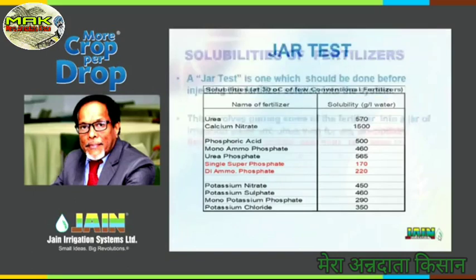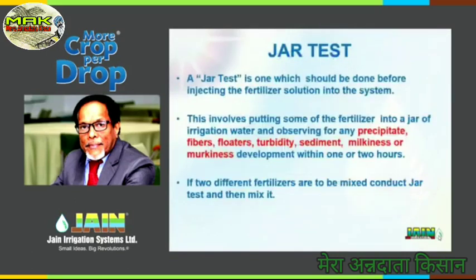Now what we call a standard operating procedure: do a jar test. Many farmers call me on my mobile and ask, sir, I got a new fertilizer from a supplier, some shop. It is white in color, granular but also powdery, rough feeling. Can I use it for fertigation?